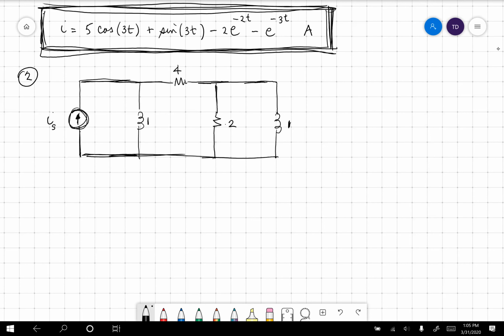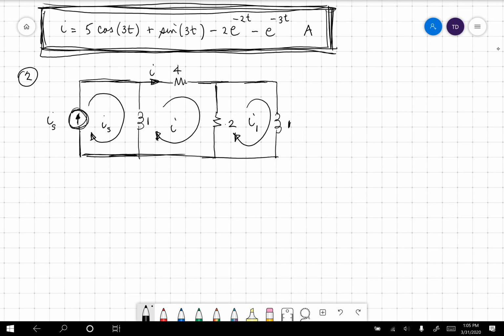Hint: use mesh analysis and force one of your mesh currents to be equal to I. This is easy to force one of them to be equal to I. There's I right there. It's going to be easy to force it to be I. IS. That is I as long as I do this. I'll call that I1.